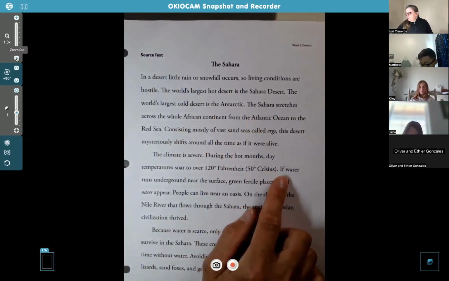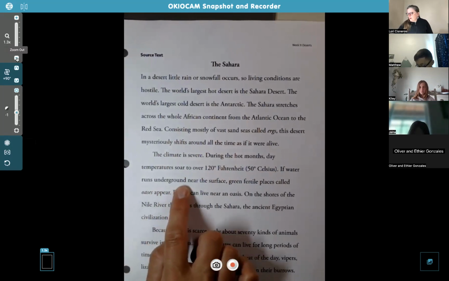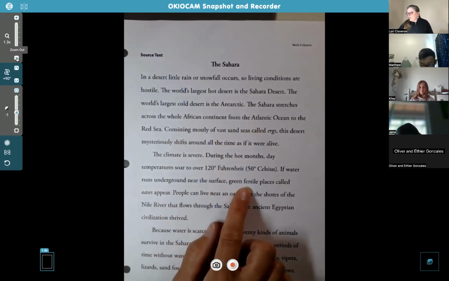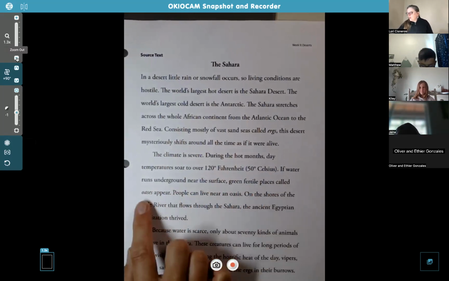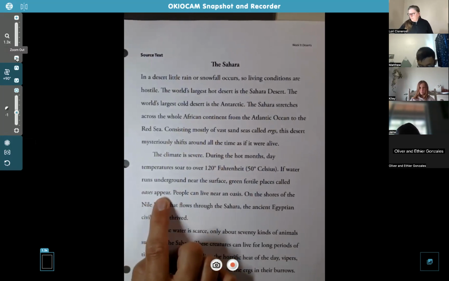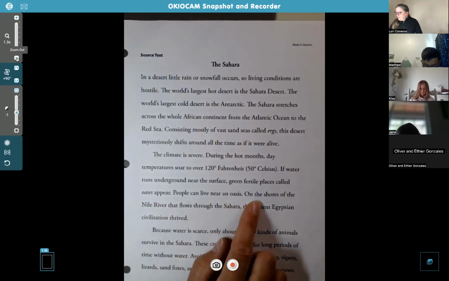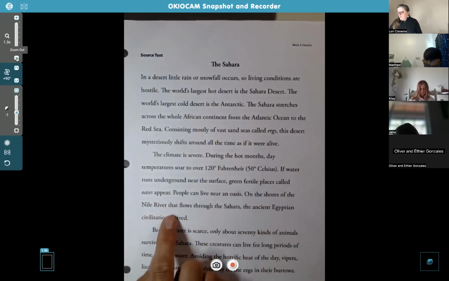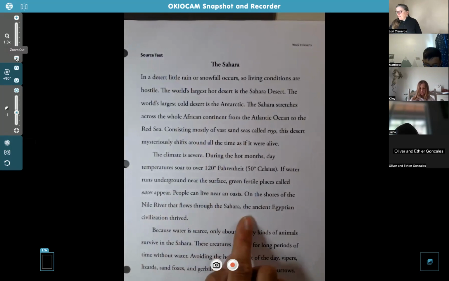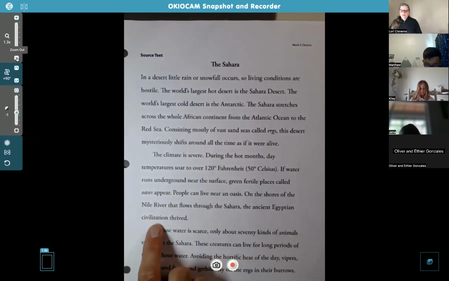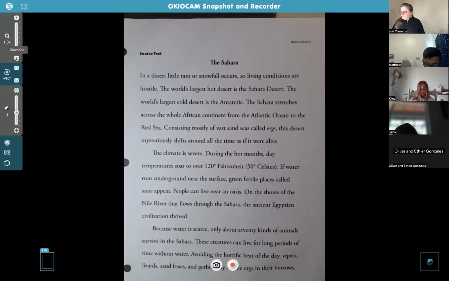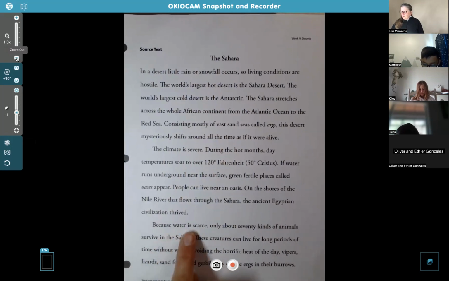Okay. If water runs underground near the surface, green, fertile places called oases appear. People can live near an oasis. On the shores of the Nile River that flows through the Sahara, the ancient Egyptian civilization thrived. Because water is scarce, that means it's hard to find water in the desert.